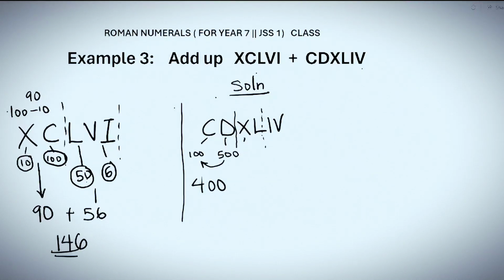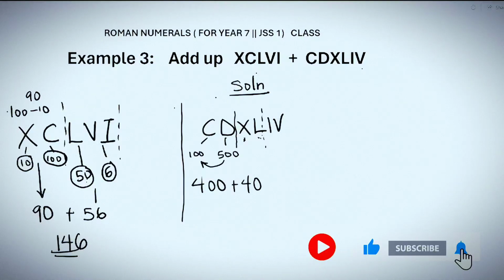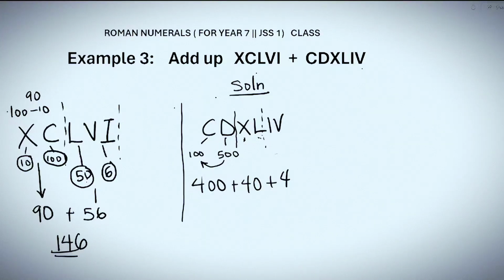X is 10. This is what? This is 50. So since 10 is coming before 50, it means we are going to subtract, right? 50 minus 10 gives us what? 40, right? And then we have IV, which is what? Which is 4, right? So if you add all of them up, we're going to have 400 and what? And 44, right?